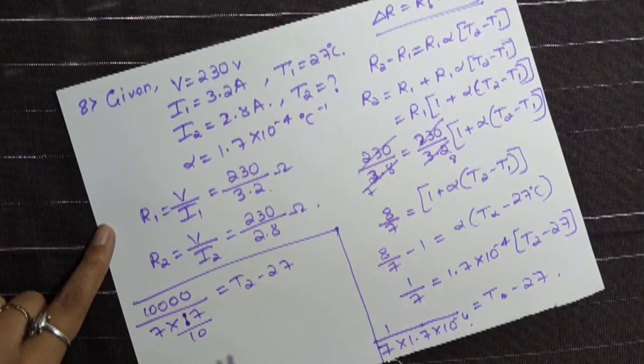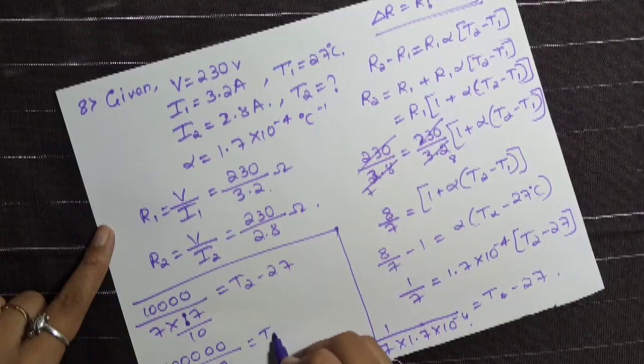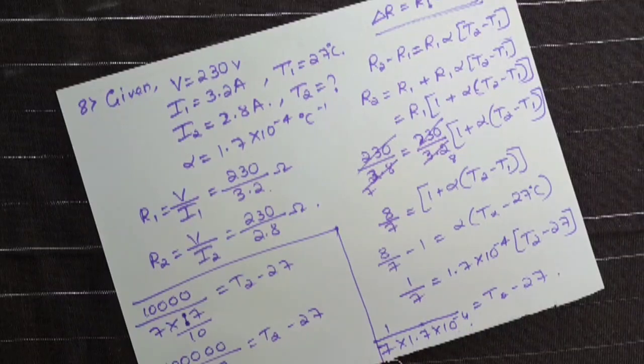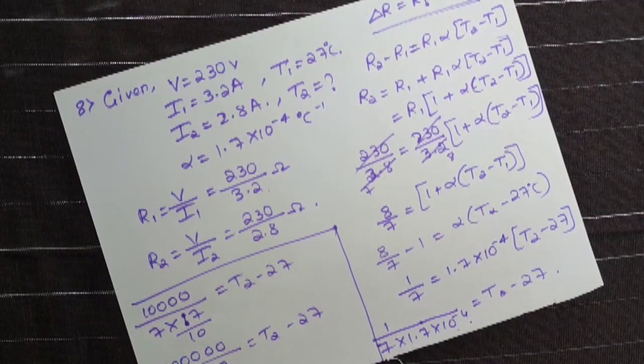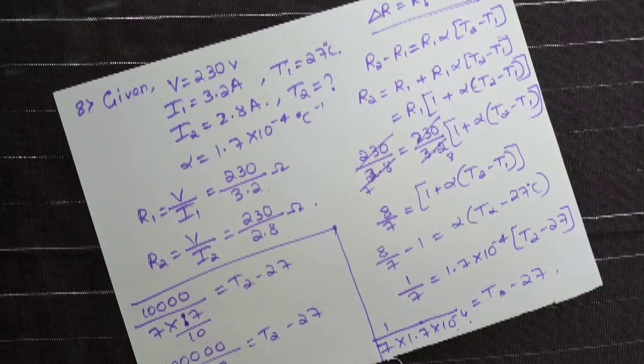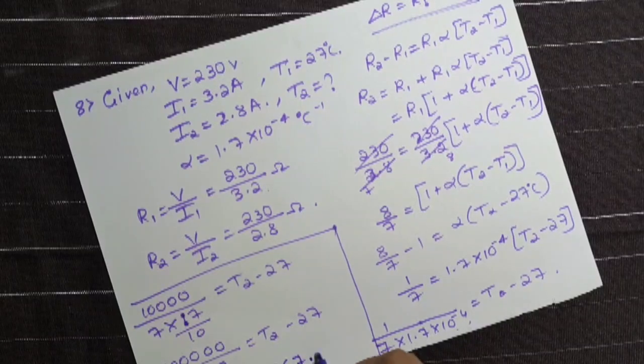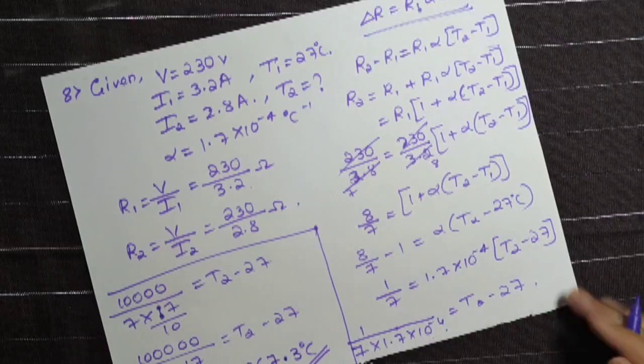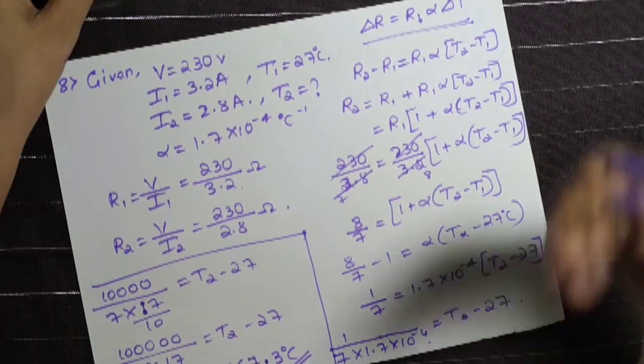See, there is one more 10 here. Multiply this numerator. So 7 into 17 equal to T2 minus 27. So if you solve this, your value will be T2 equal to 867.3 degree Celsius. Okay, solve this. So we have discussed 3 problems on this.